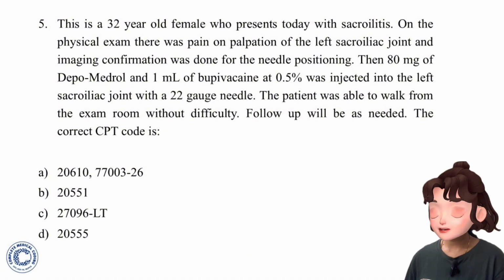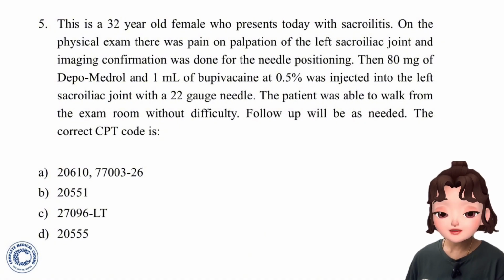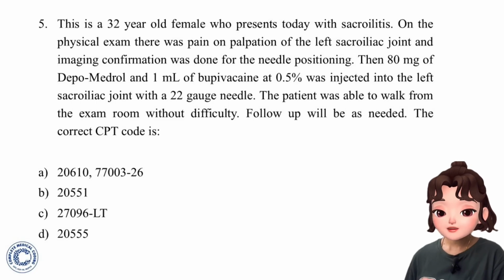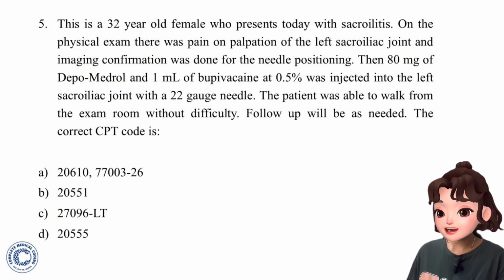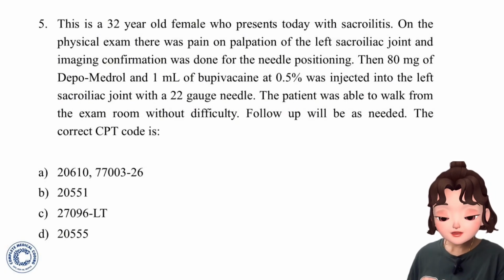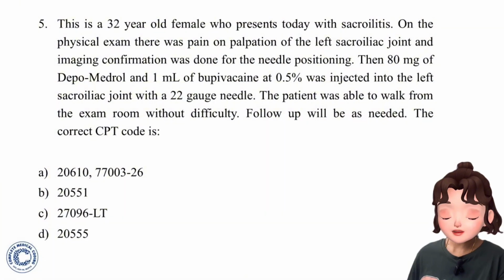What is 20551, the second option? 20551 is injection, single tendon, origin or insertion. Okay. Option C, 27096. And option D, 20555. Let's see what is 20555 because it's on the same page. So I will just check that also. 20555 is placement of needles or catheters into muscle and soft tissue for subsequent interstitial radioelement application.